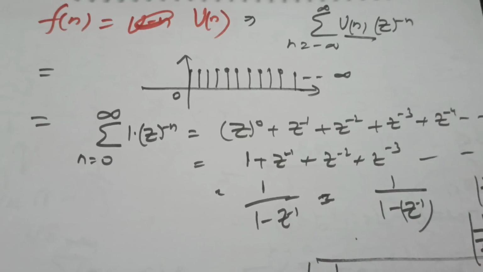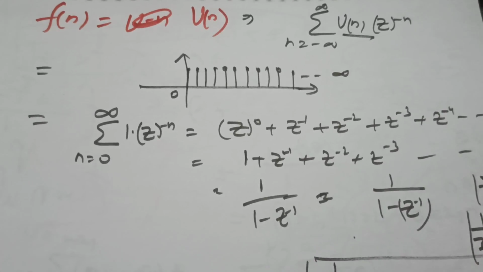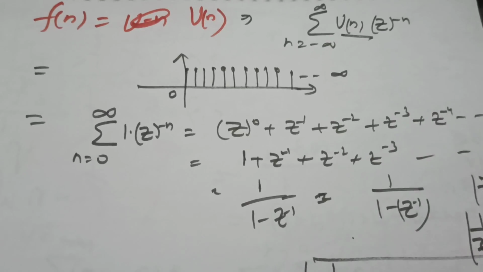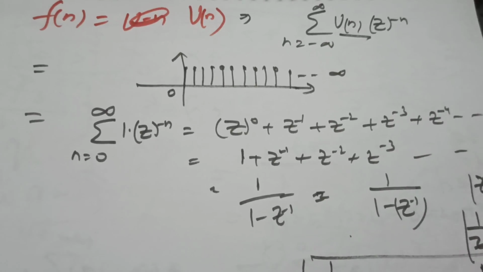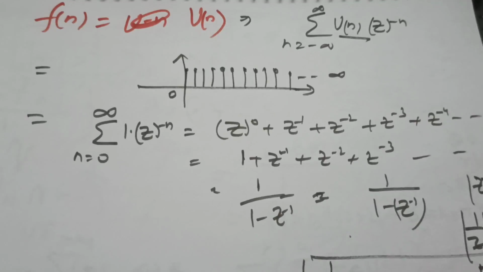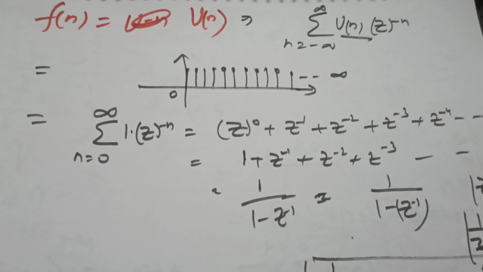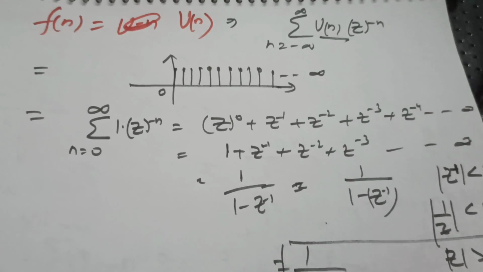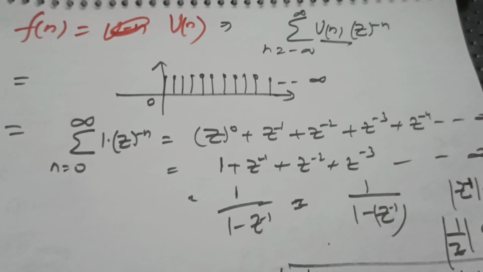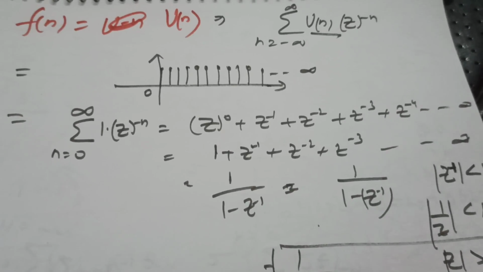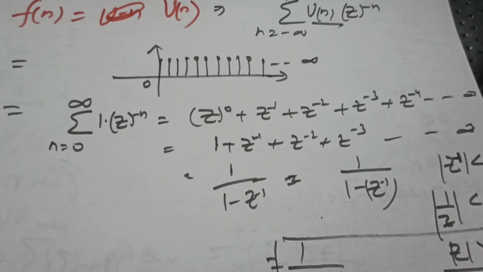So the summation becomes a sequence starting with 1, having common ratio Z to the power minus 1, and it sums up to 1 upon 1 minus Z inverse. So this is nothing but Z upon Z minus 1. Many students tend to remember the latter formula, that is Z upon Z minus 1.